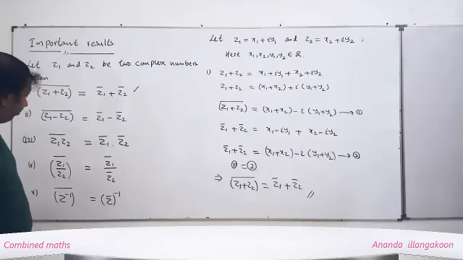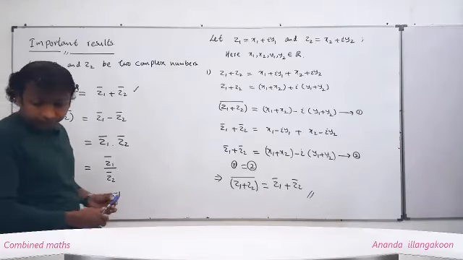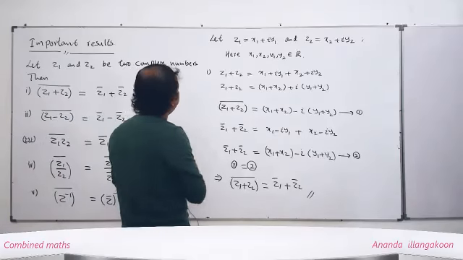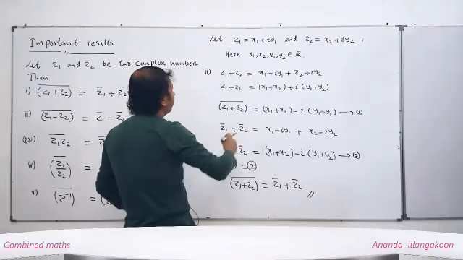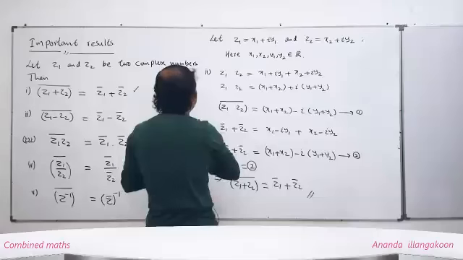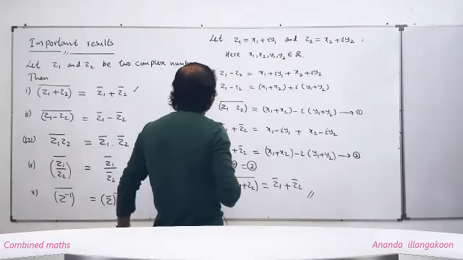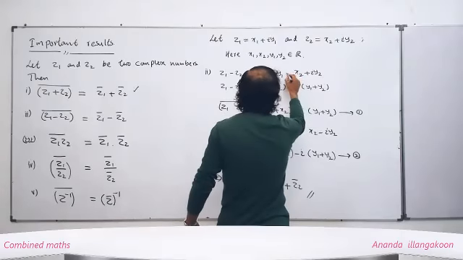Right now, people. Right. First one is okay. We'll come to the second one. Number 2. Right. Z1 minus Z2. Z1 minus Z2, we can write like this, put a minus sign.